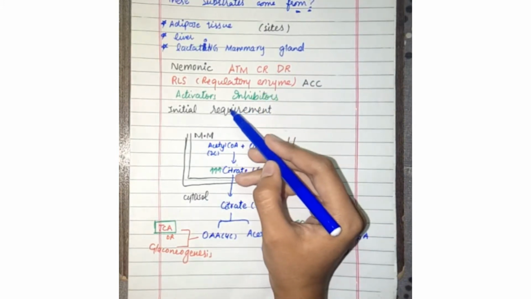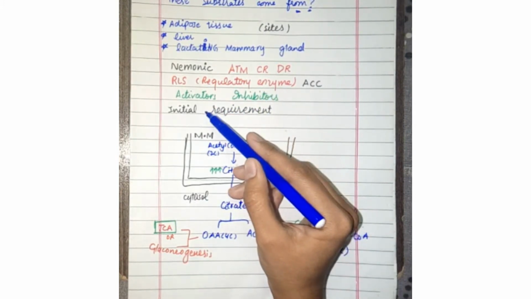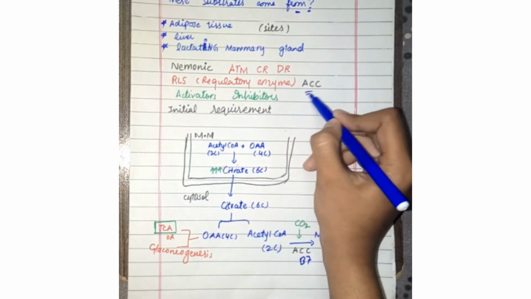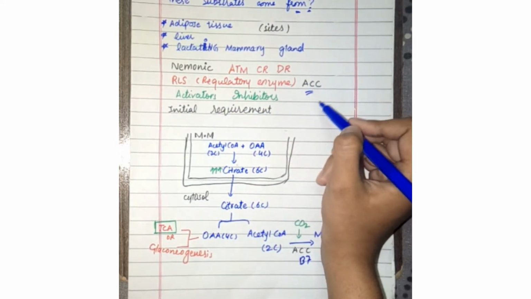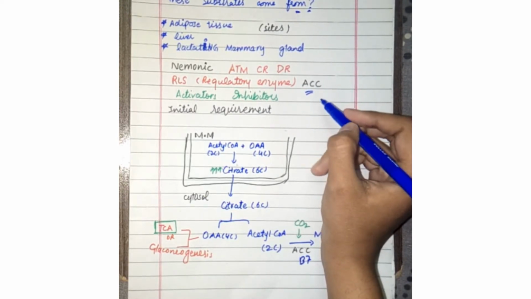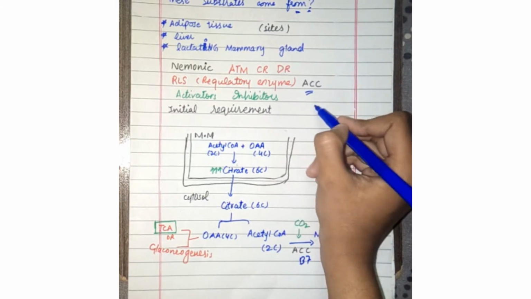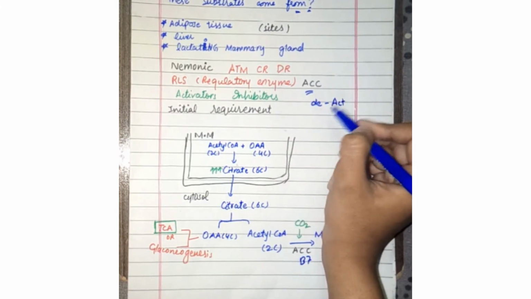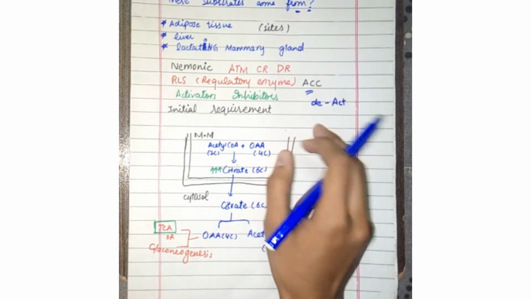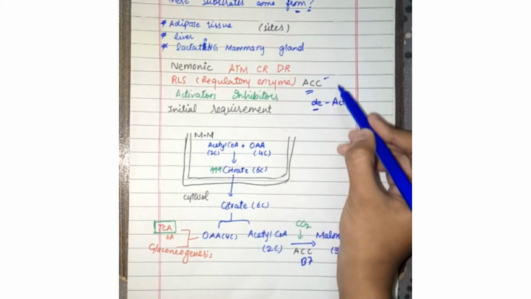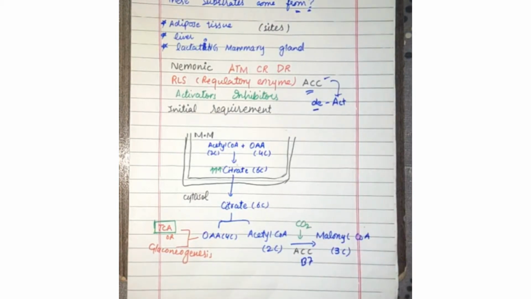So there must be some substances or conditions that act as activators, and there will be some inhibitors as well. I would like to tell you that acetyl-CoA carboxylase in its phosphorylated form is inactive. It means its dephosphorylated form is its active form. It means all those conditions and hormones which result in dephosphorylation of this enzyme will result in activation of this enzyme.